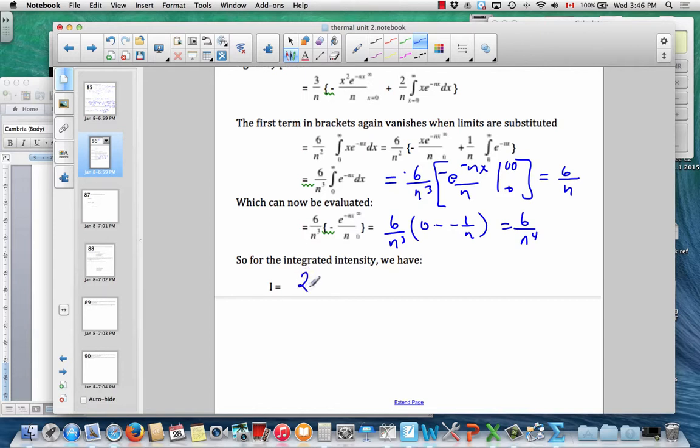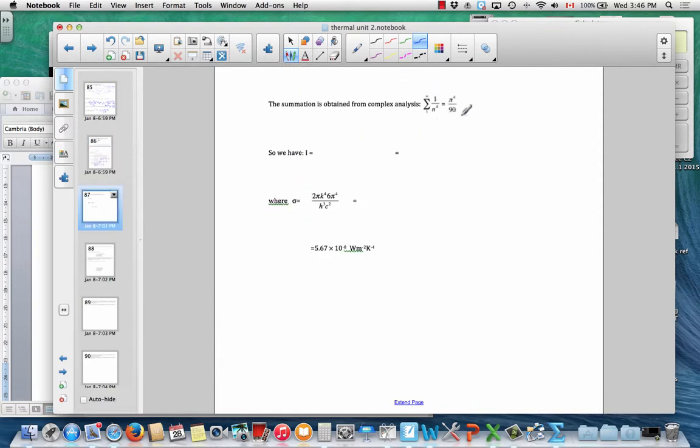So we've got 2 pi k to the 4, T to the 4, emissivity, over h cubed c squared. And then we've got now this summation, 6 over n to the 4. So we'll pull the 6 out, and then we just have to sum 1 over n to the 4. Well, that you'll do in a later math course. It works out to be pi to the 4th over 90.